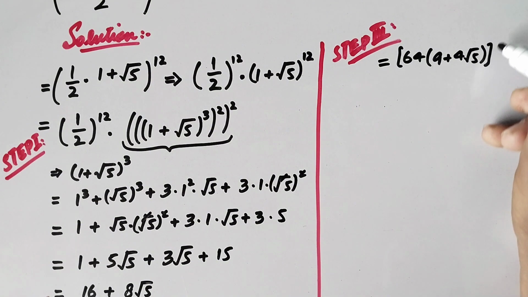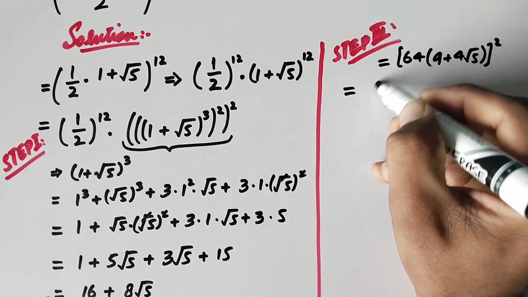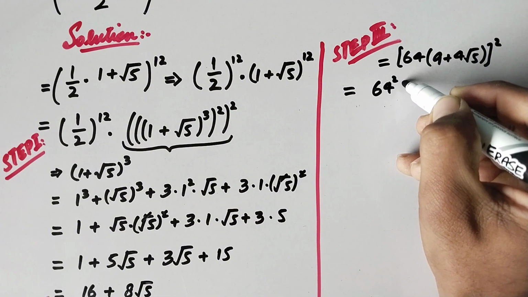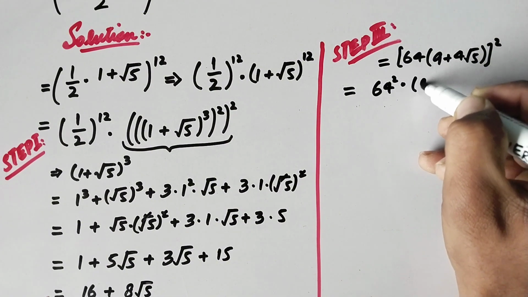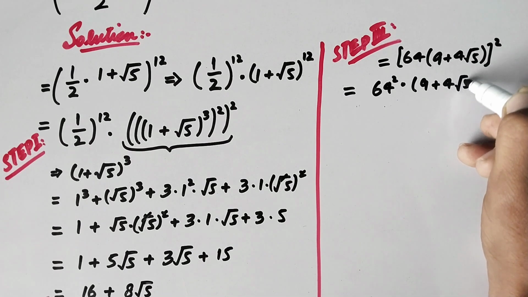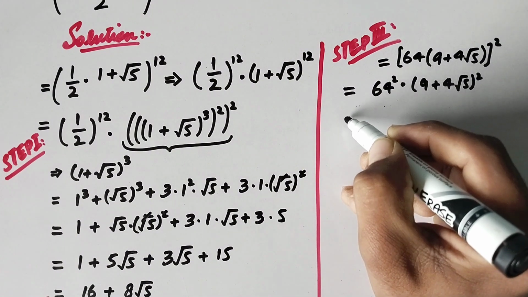Therefore, here we will take the square, and now it will be equal to 64 squared times (9 plus 4 times square root of 5) whole squared.